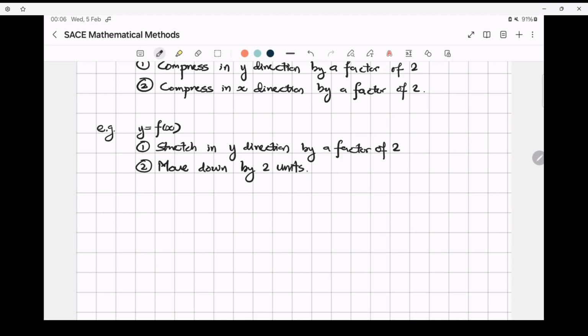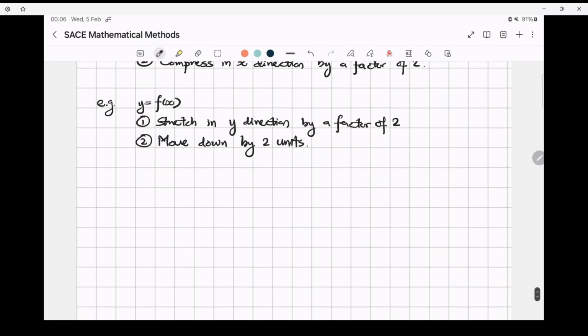Both actions involve the y direction, so you need to be careful. Let's look at what happens when you perform number 1 and then number 2.